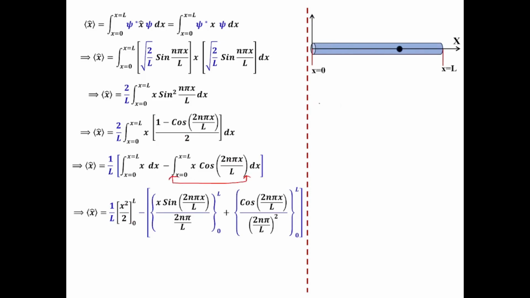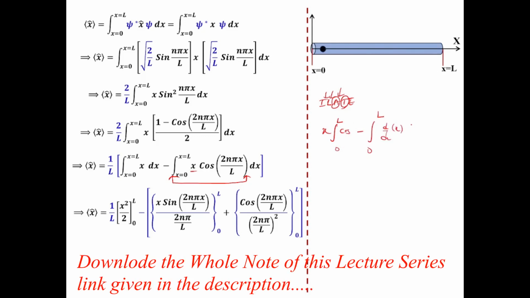Here if I'm going to consider by parts, LIATE, so inverse, logarithmic, algebraic, and then trigonometric. So algebraic will be the first function, x will be the first function, then the integration of the second function, that is your cos, then minus, with the 0 to L integration limit, the derivative of the first function, then the integration of the second function cos, whole dx, right?